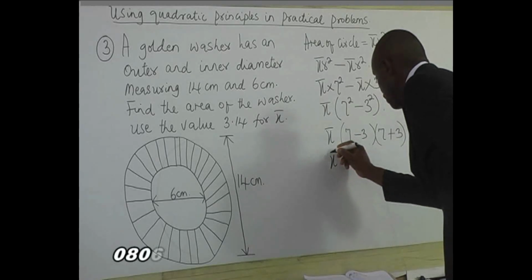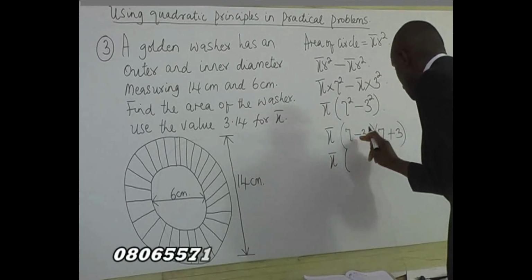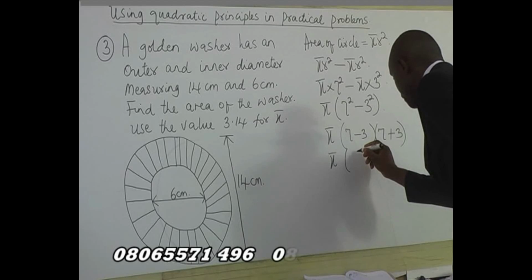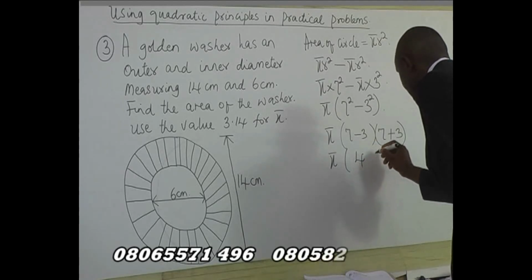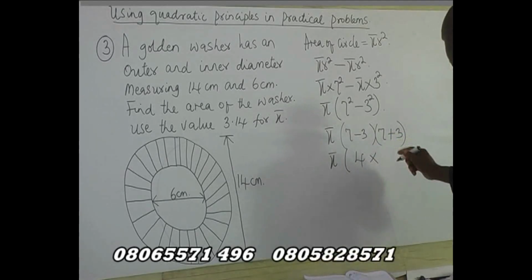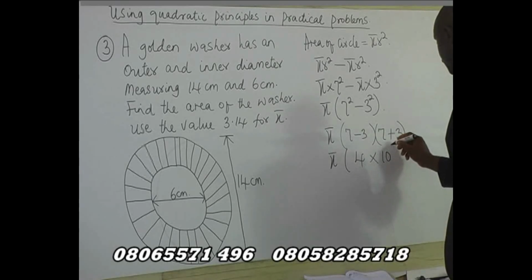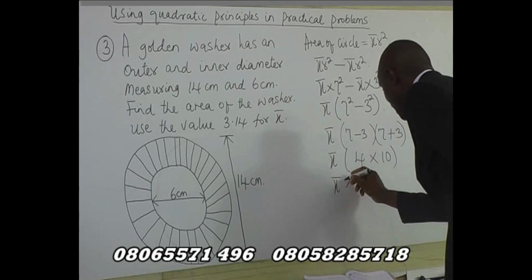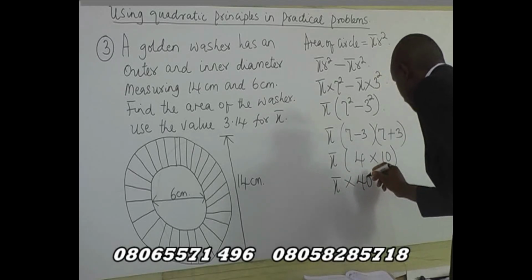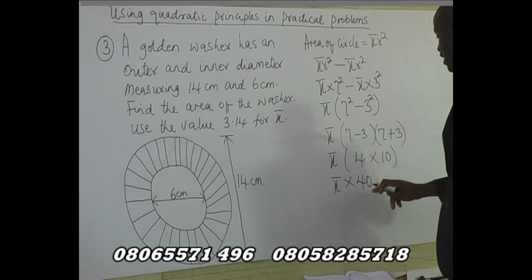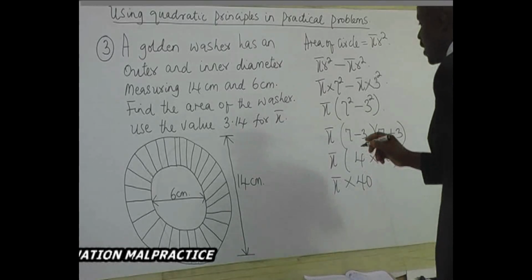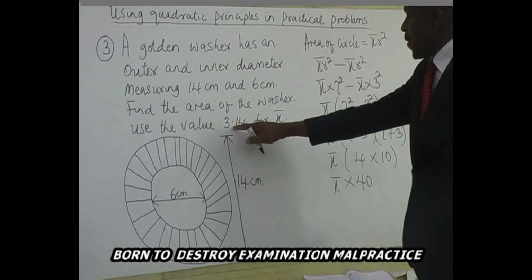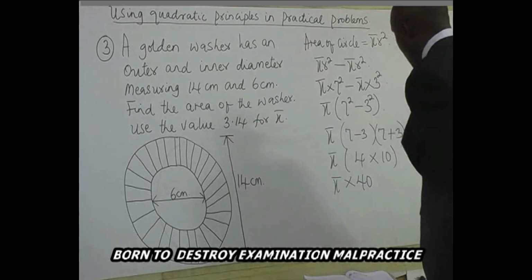We are boiling down to pi into 7 minus 3, which gives you 4, then times 7 plus 3, which gives you 10. This is giving us pi times 40. 4 times 10 is 40. Remember, they say we should use the value 3.14 for pi.